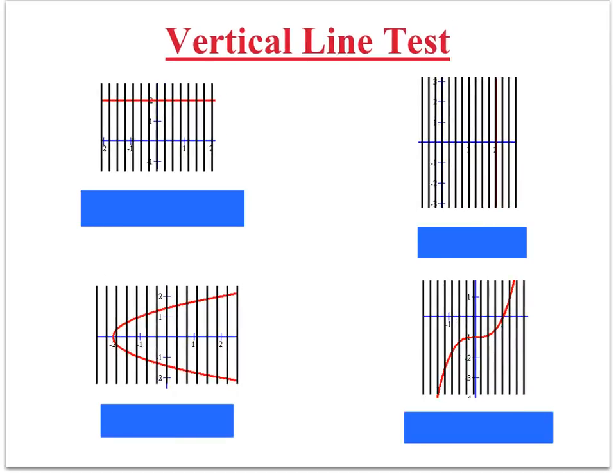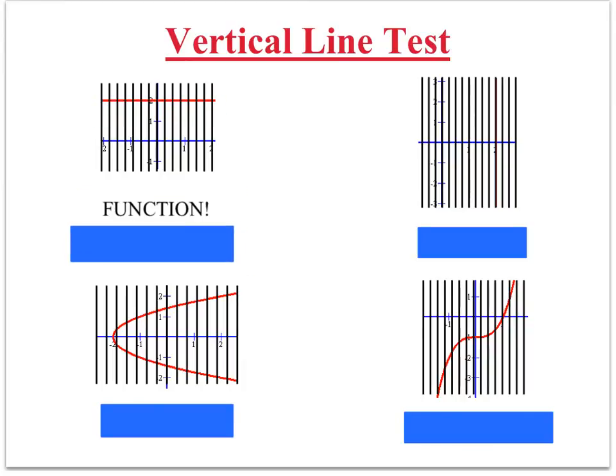Sorry about that. So that means that this relation right here, this horizontal line, is actually a function. Now over here, you can't quite see it clearly, but there's actually a red vertical line right here.